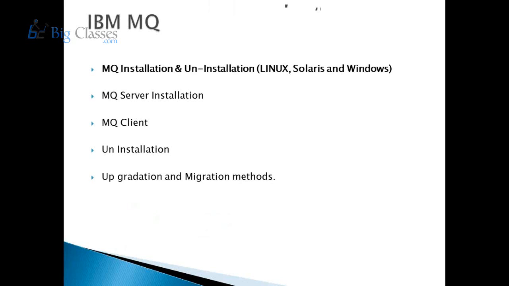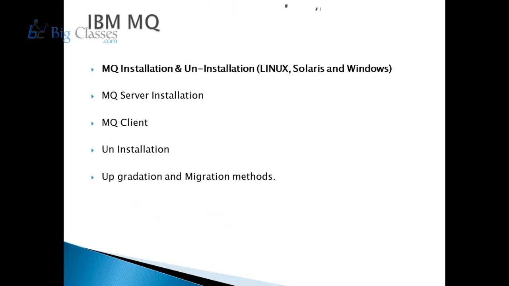Later, in the second session, we are going to see MQ installation and uninstallation. Here we will see MQ installation on Linux, Solaris and Windows systems: MQ server installation, MQ client installation, and uninstallation of the MQ server and client.